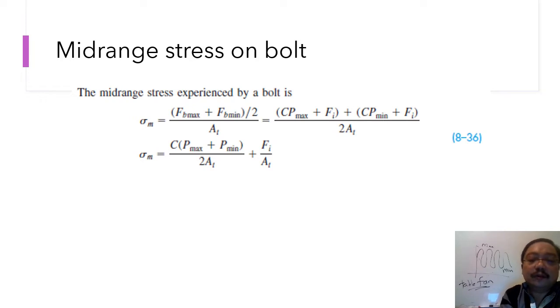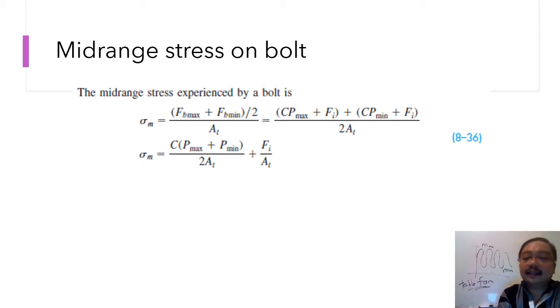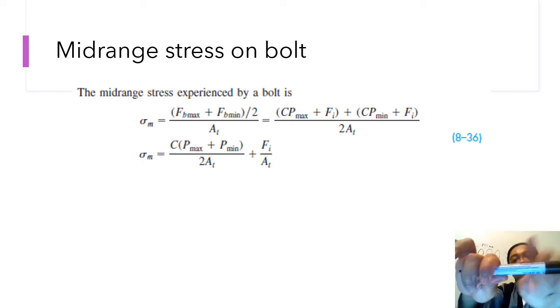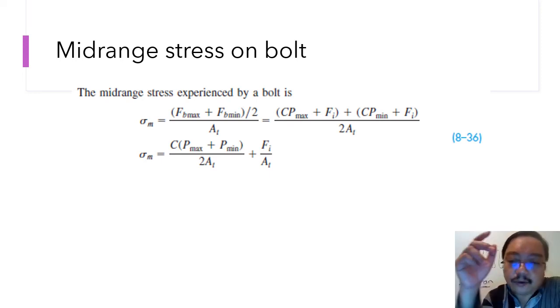Why mid-range is important: because the bending stress happens at maximum at the middle. Imagine you bend this, the bend will happen at maximum at the middle point. This is why they talk about mid-range.